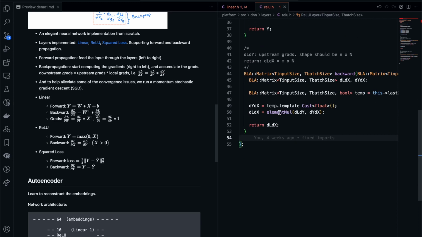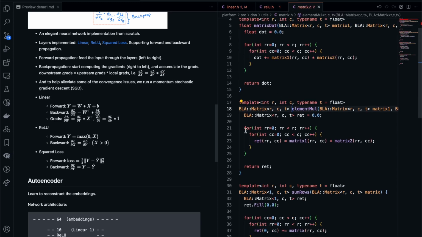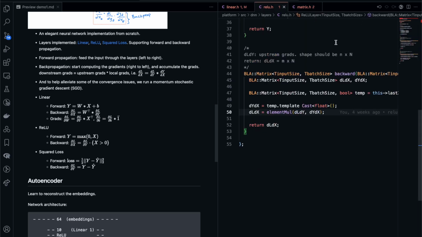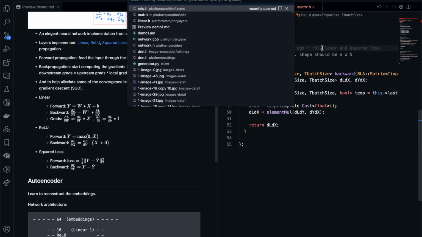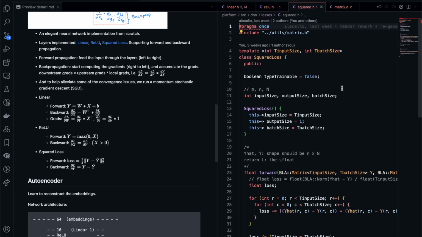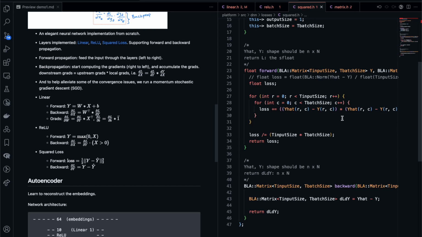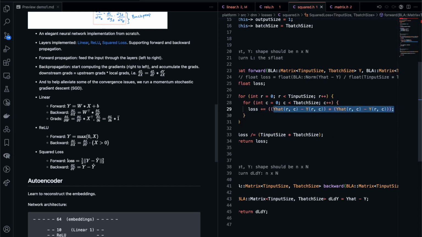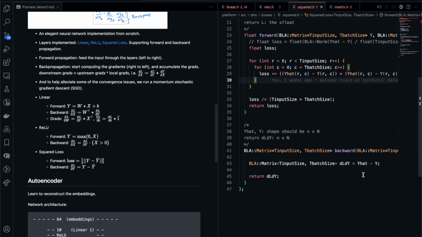And that involves an element-wise multiplication. Then there's the squared loss function. That's the sum of the squared error, y hat minus y squared, and that's the derivative.